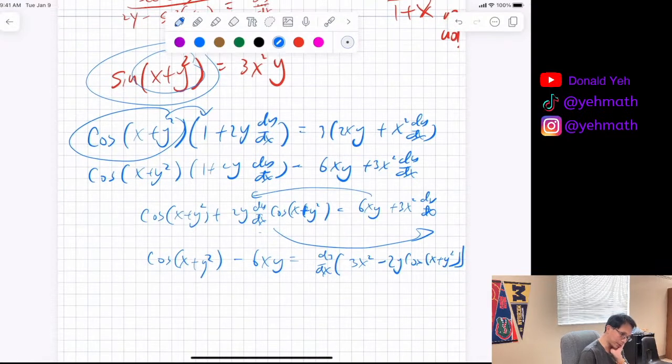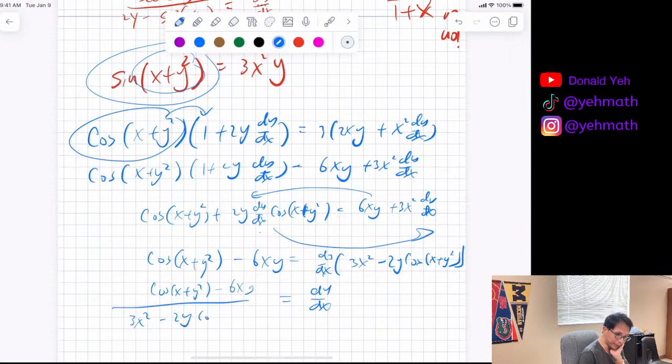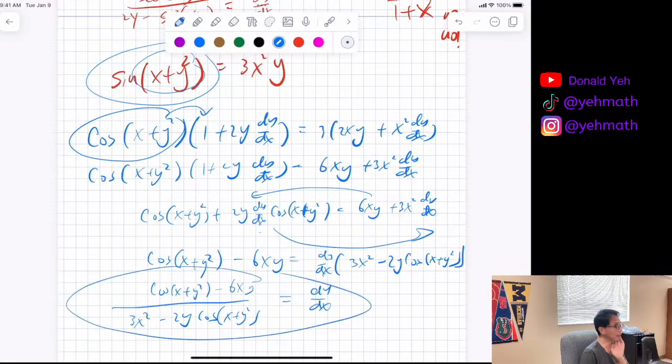I'm going to divide it over. Three x squared minus 2y cosine of x plus y squared. So that is my final answer. I don't know if I made a mistake. You got it? There's the chain rule. Make sure you got this.